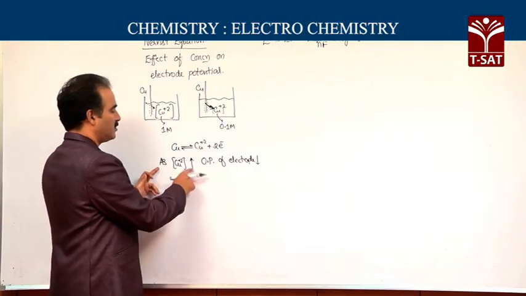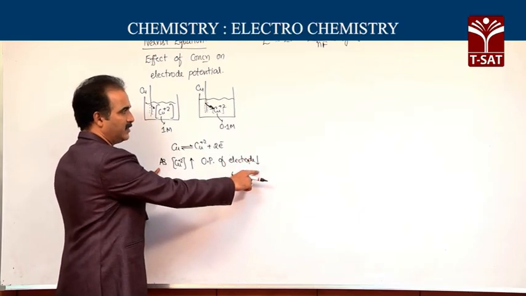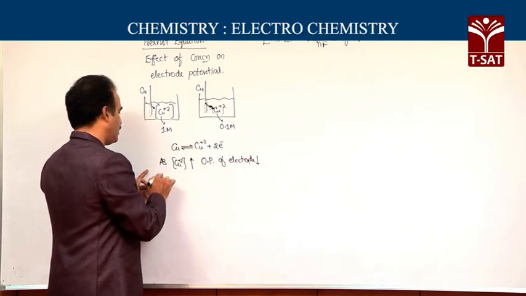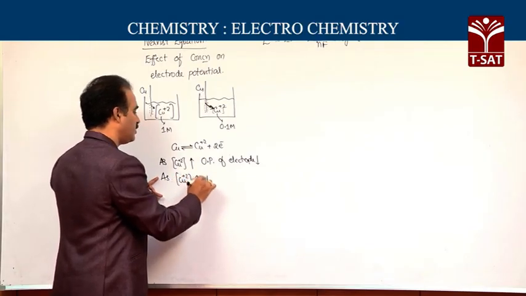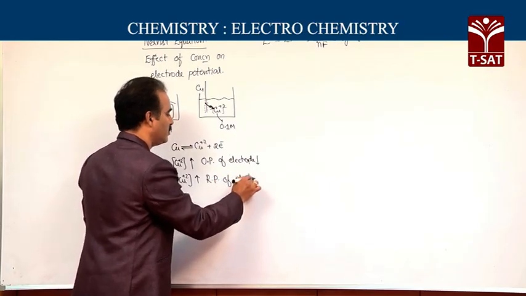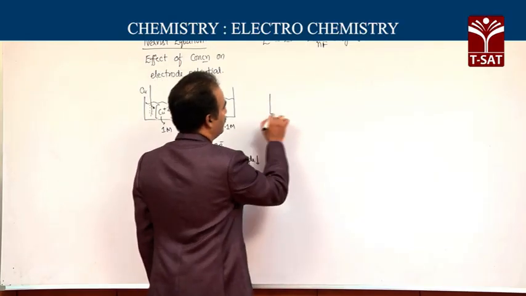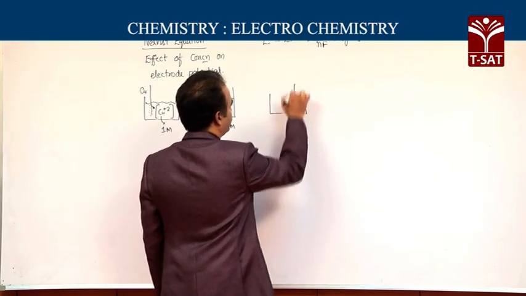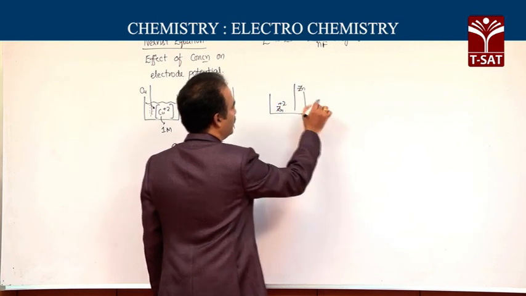As metal ion concentration increases, the oxidation potential of the electrode decreases. On the contrary, as metal ion concentration increases, the reduction potential of the electrode increases. Let us see, I am taking zinc plus 2 in zinc.